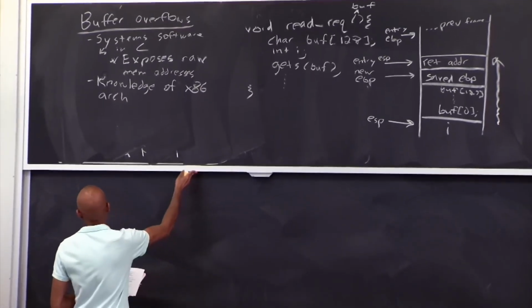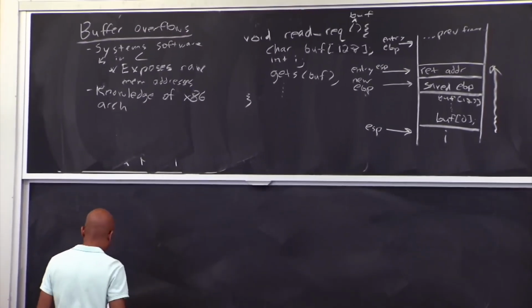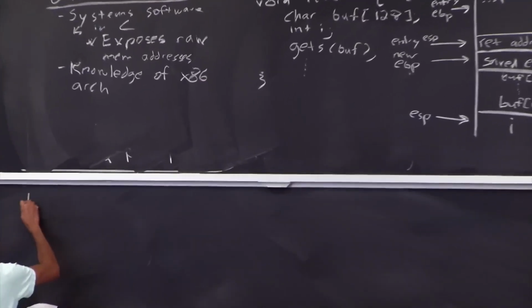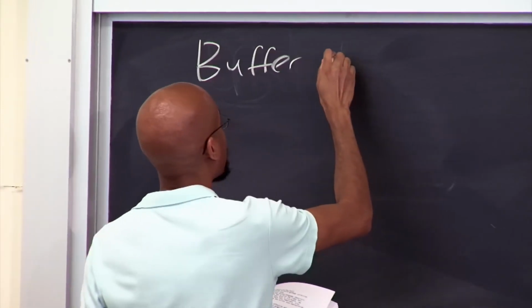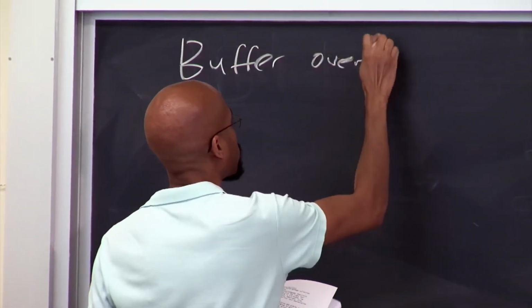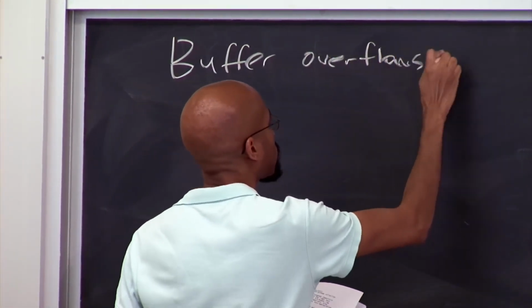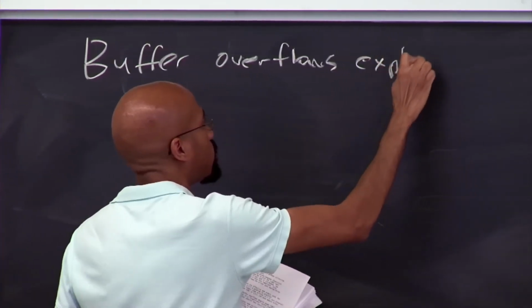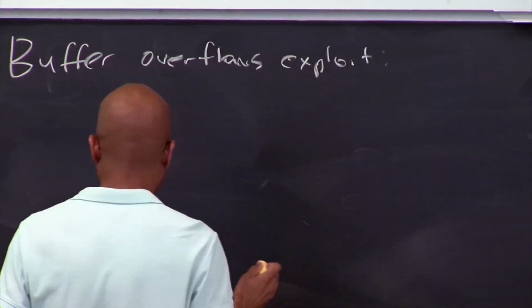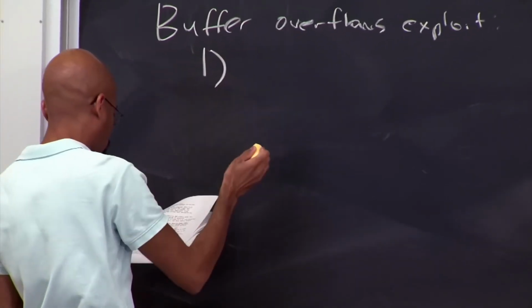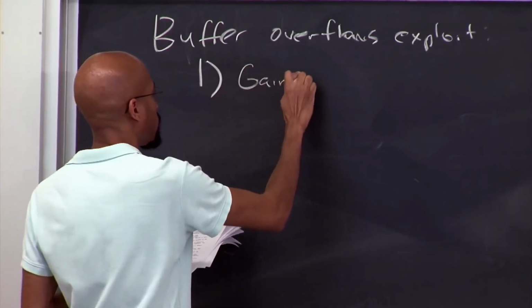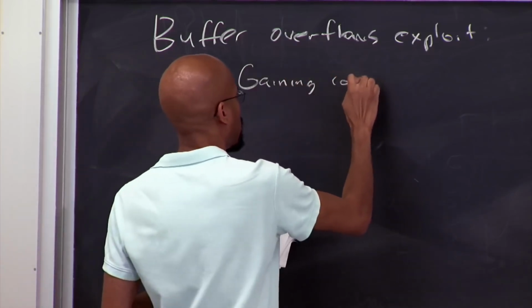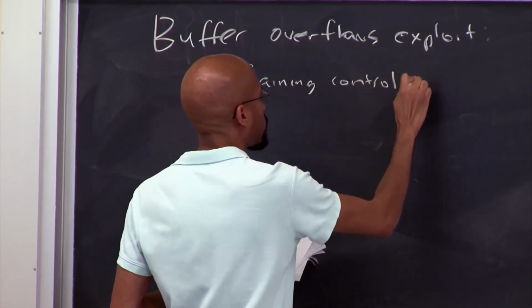So what actually is going on in a buffer overflow? In a buffer overflow, the attacker exploits two things. The first thing that the attack is going to exploit is gaining control over the instruction pointer.